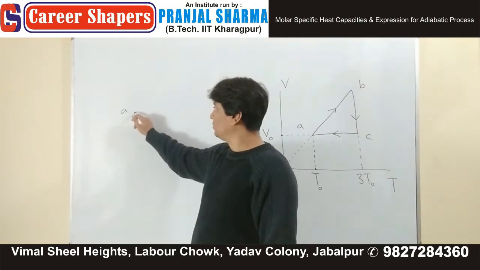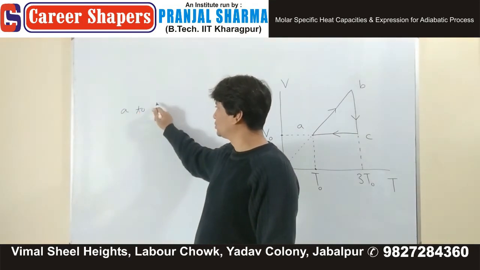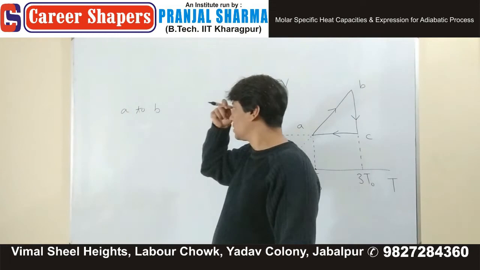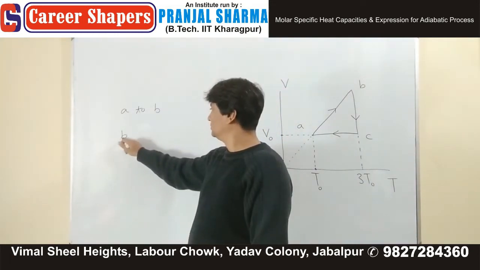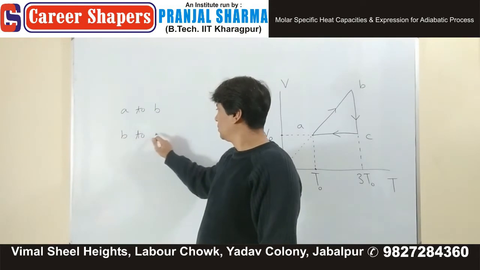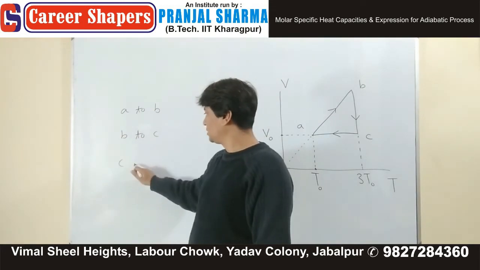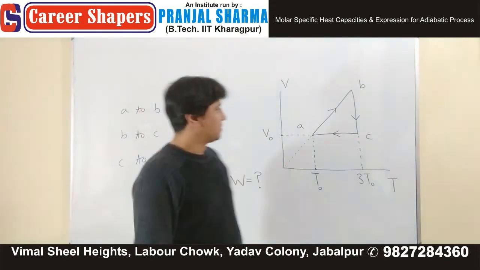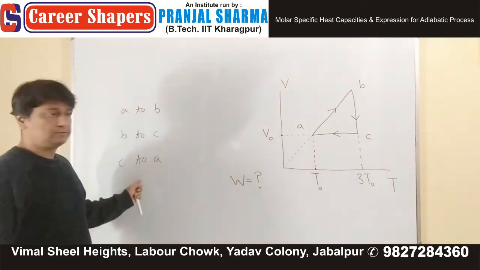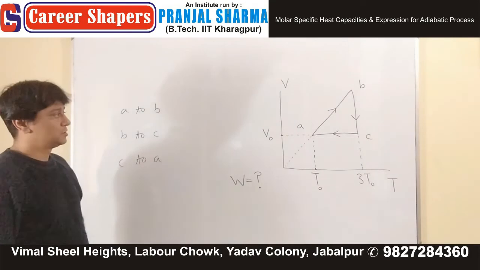From A to B, what type of process do you see? From B to C, what is the process? And from C to A, what is the process? Identify this and you can answer the question.